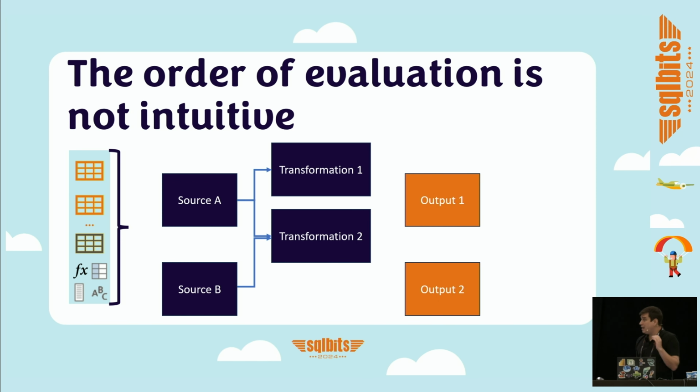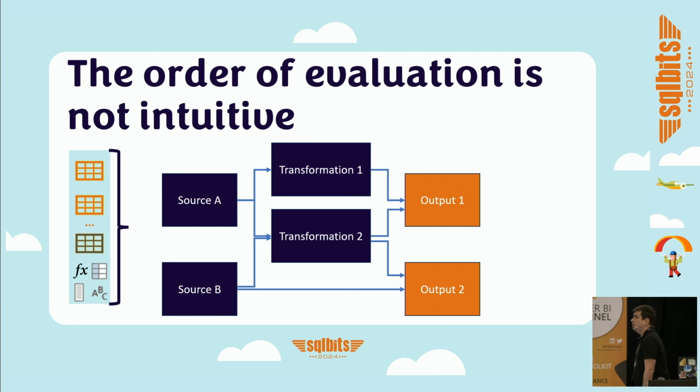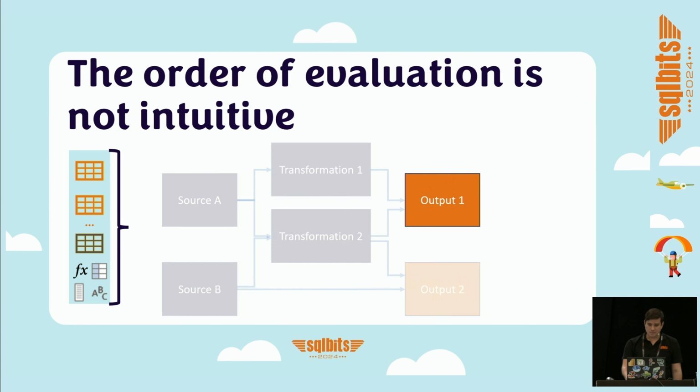But we actually need the output, which will be the enable load queries that I will use to write my DAX and populate my reports. So the only tables enabled are those two, but I need source A, B, transformation 1 and 2 in order to orderly apply the transformation that I need.